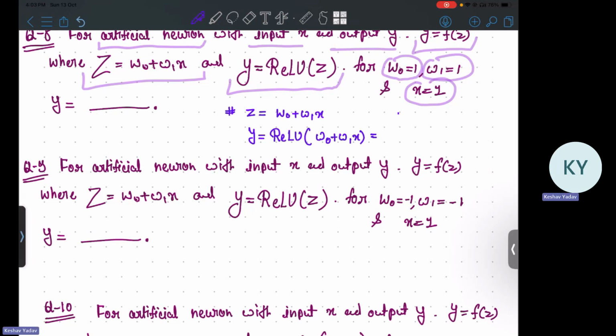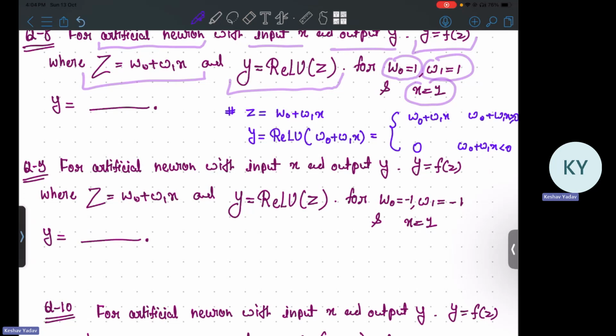It will be 0 if the whole term w naught plus w1 x is less than 0, and it will be equal to w naught plus w1 x when the whole term is greater than or equal to 0.